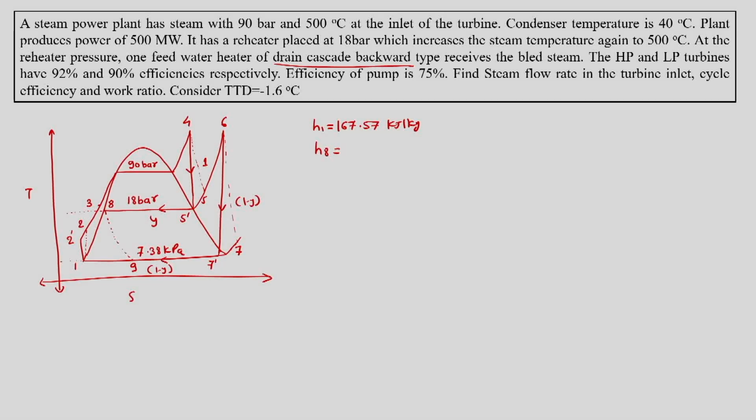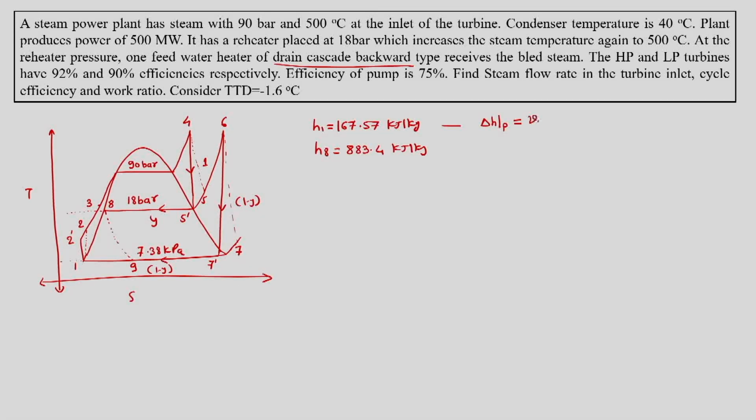H8 is the saturation enthalpy of liquid, since it is told that the steam condenses there in the feed water heater, and then H8 at 18 bar liquid saturation enthalpy is 883.4 kilojoule per kg.